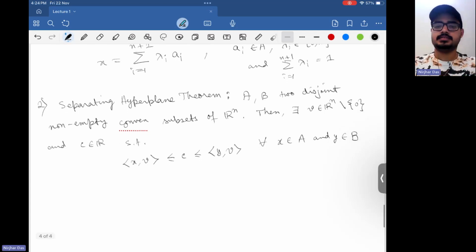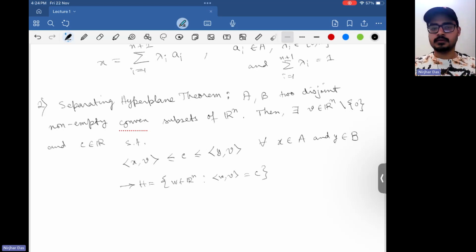So it basically says that you are given a set A, you are given a set B, both are convex, they are disjoint, so they do not have any overlap, and they are non-empty, right? Then you can find a hyperplane, right? So this hyperplane is nothing but, in this case, the set of w belongs to R^n such that w inner product v equals c.